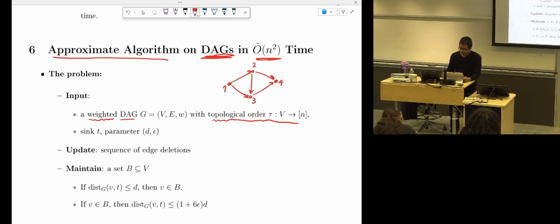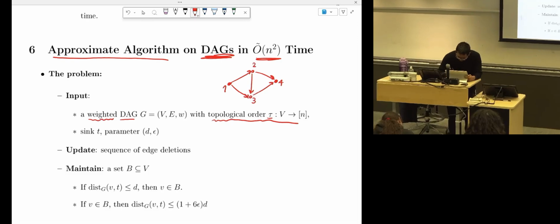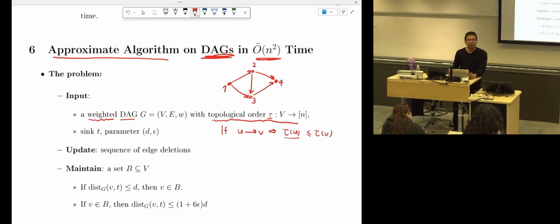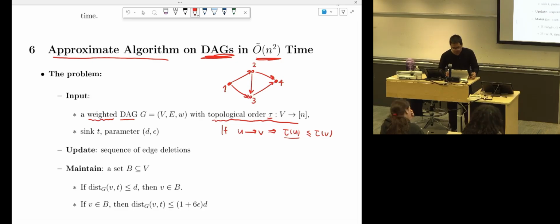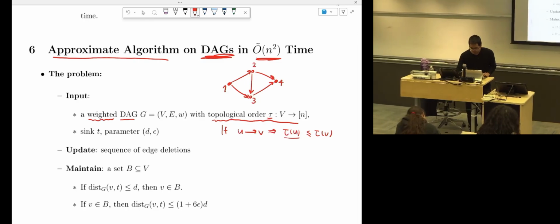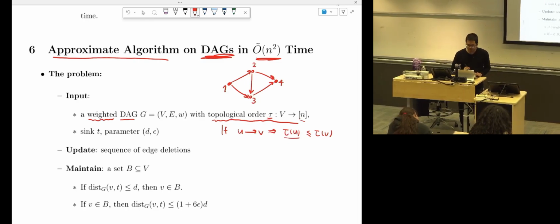We know that this is a topological order, so if U can reach V, then the order of U is at most the number of V. And this number is just between 1 to n.